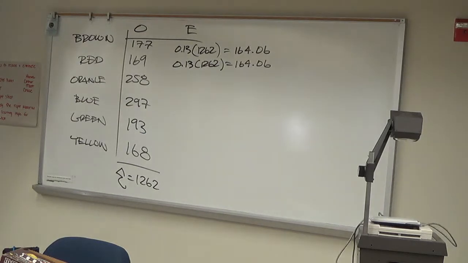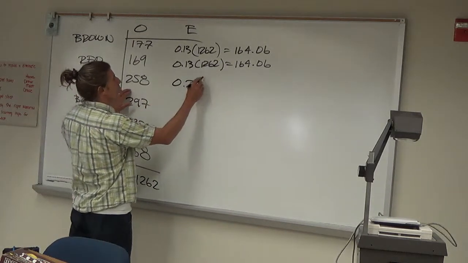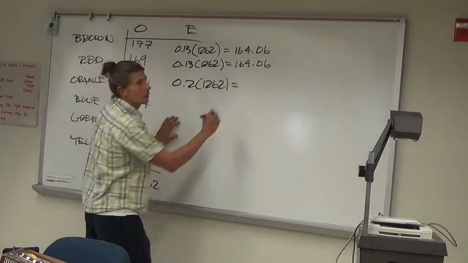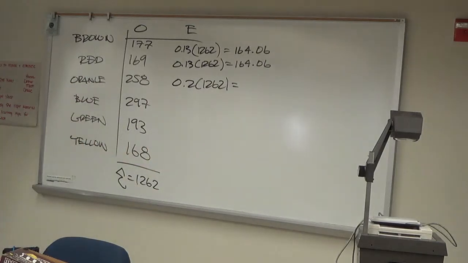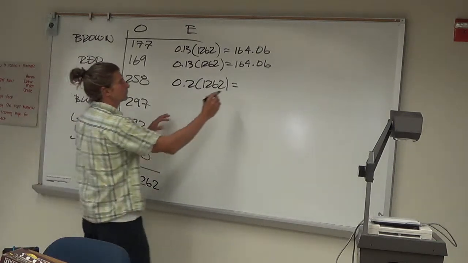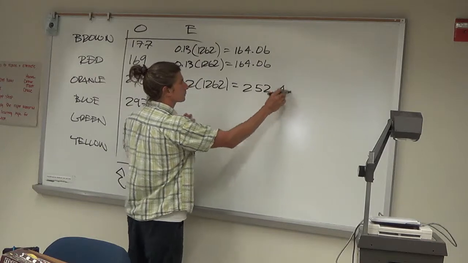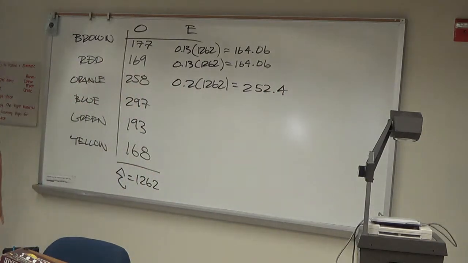Orange is 20%. That should be 20% of 1262, which gives us 252.4. This was much easier back in the day when they had the distribution that all ended in zeros. Green is 16. Did I put that in the right place? I did. Green is 16%.